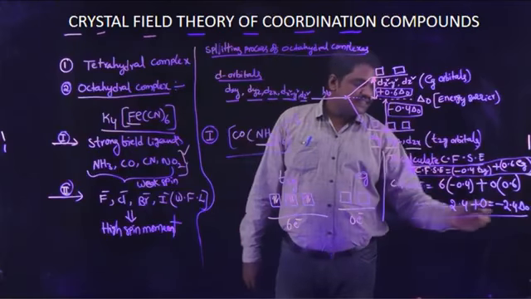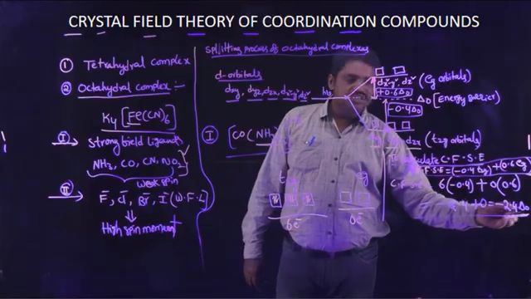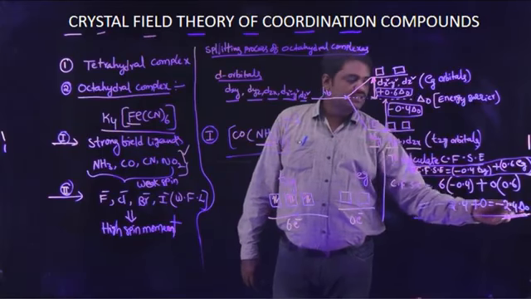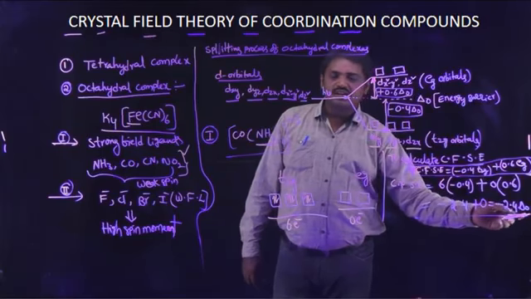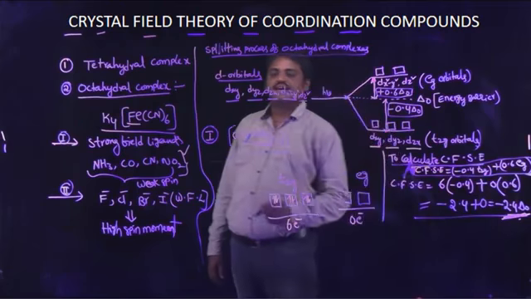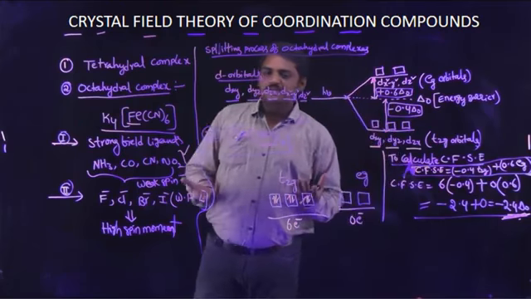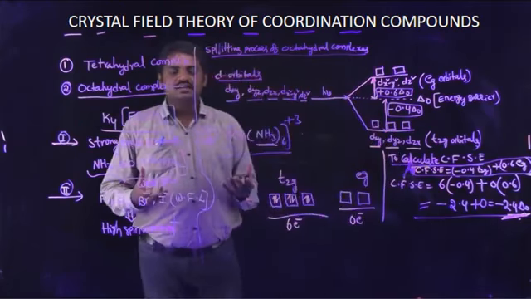So this complex's crystal field stabilization energy is minus 2.4 delta naught. This is the explanation for the splitting process and for calculating the crystal field stabilization energy.